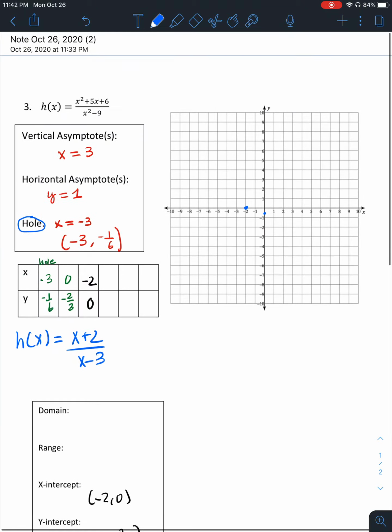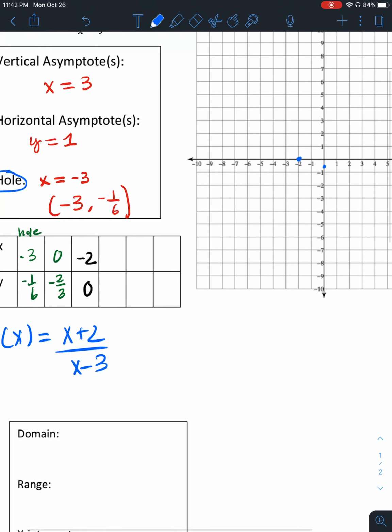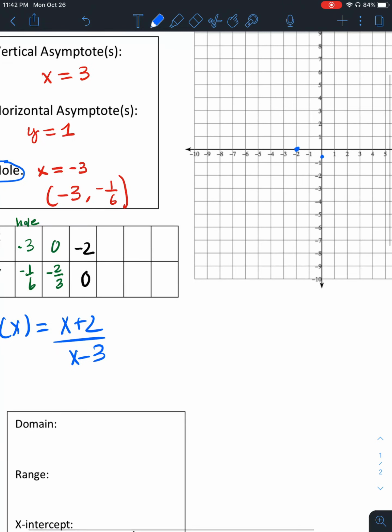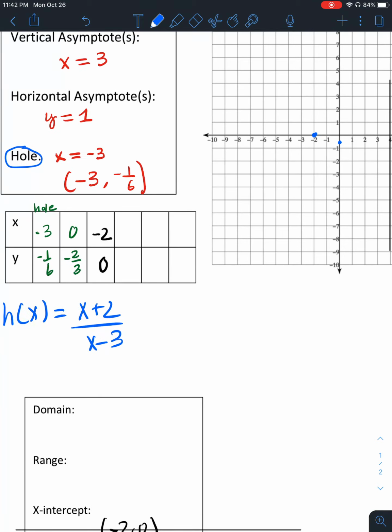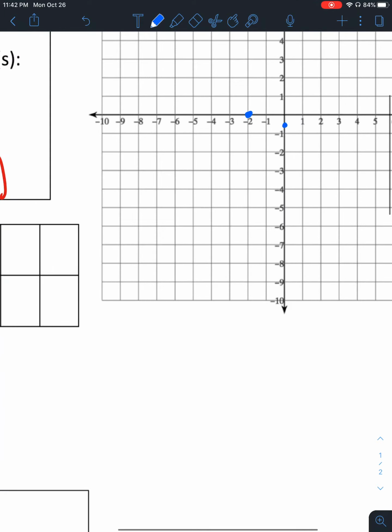And I have a hole at -3, -1/6, which you can see is going to be a little difficult to graph. And the funny thing about this is, if I said it was -3, -1/6, that's right there.